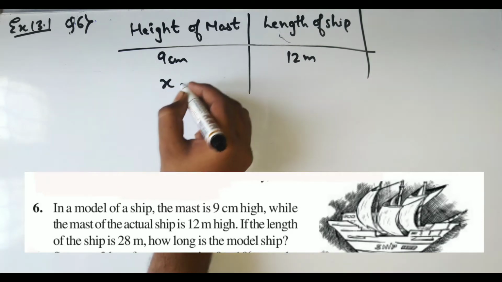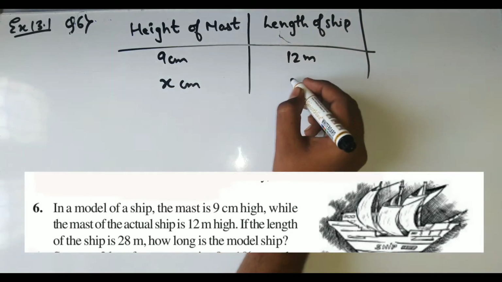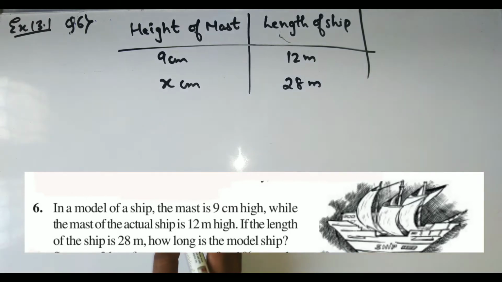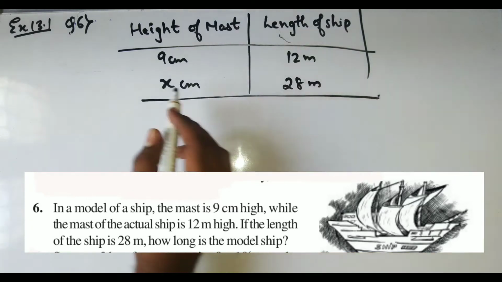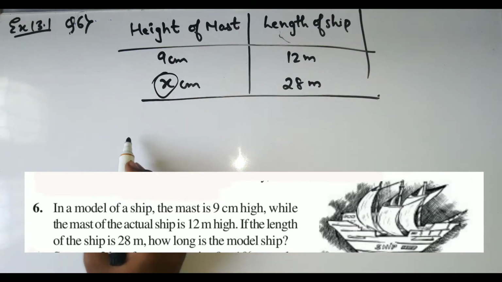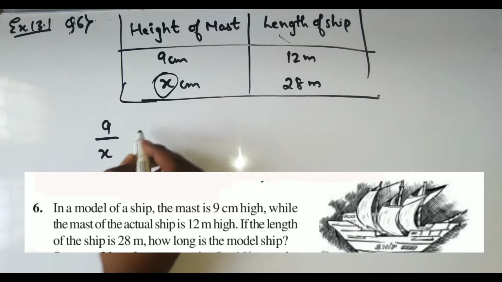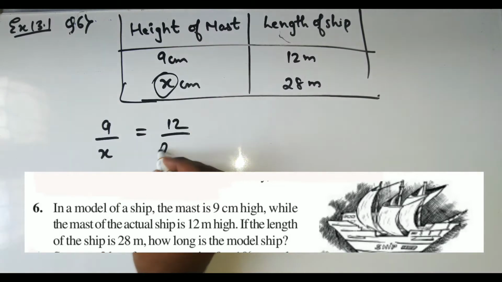Now the height of mast is x centimeter, length of ship will be 28 meter. So we need to calculate this value x. So here the same thing, 9 by x is equal to 12 by 28.